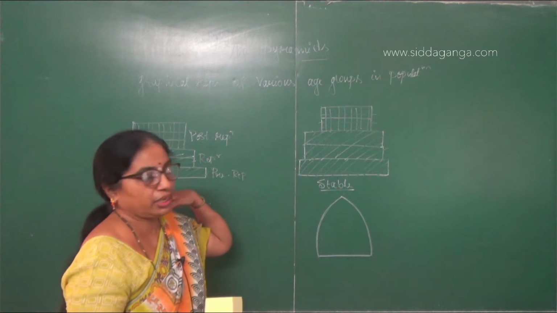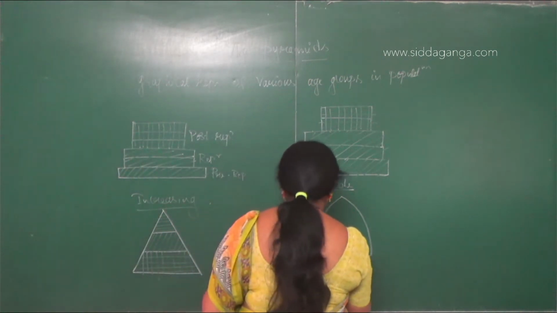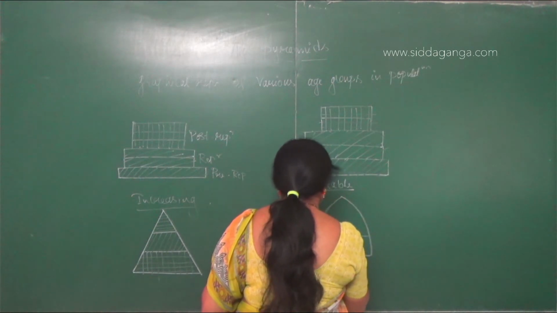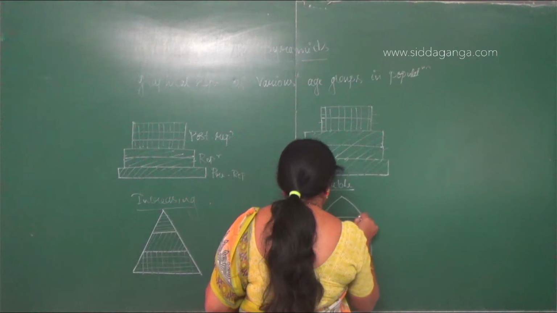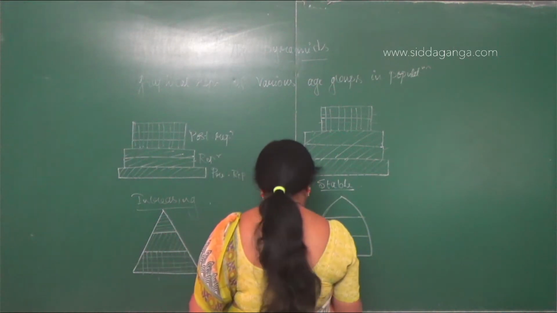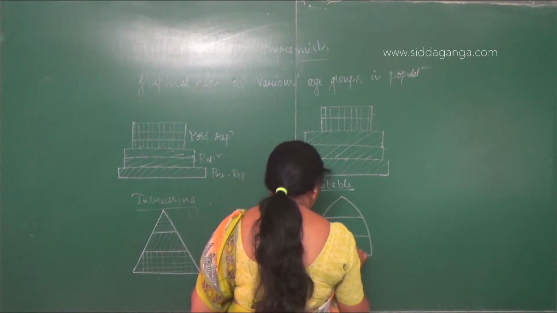And this is the bell shaped age pyramid, the base is represented by the pre-reproductive population. In the middle, we have the reproductive population, and in the apex, we have the post-reproductive population.